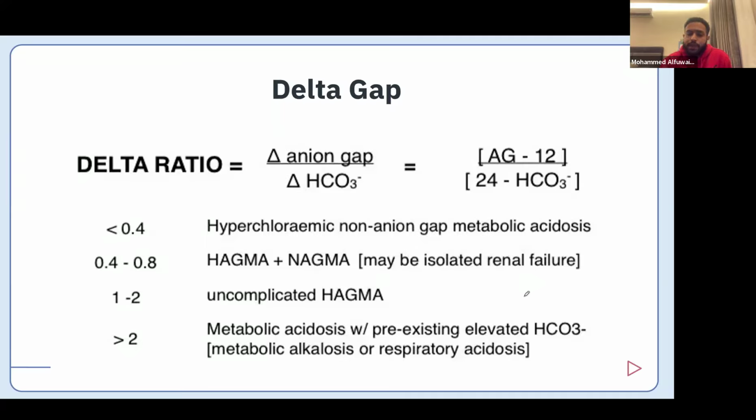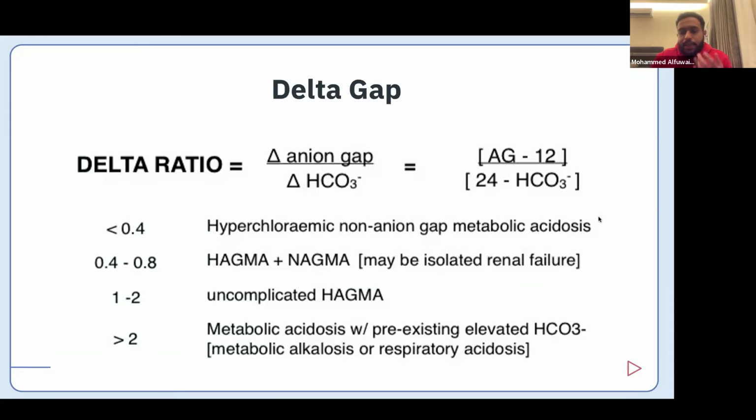It tells you whether the patient has only isolated metabolic acidosis, or metabolic acidosis plus metabolic alkalosis, or high anion gap metabolic acidosis with normal anion gap metabolic acidosis. Kind of confusing to think about, but I'll teach it and then give you a scenario of when that happens.